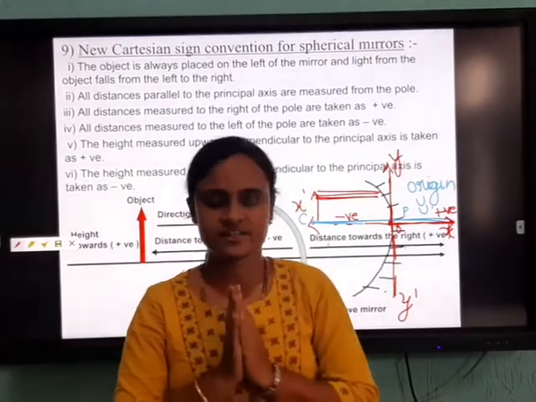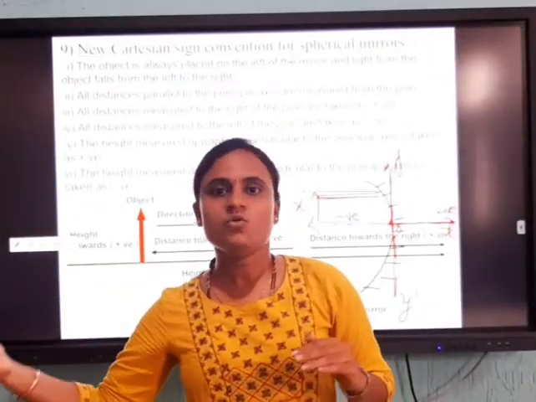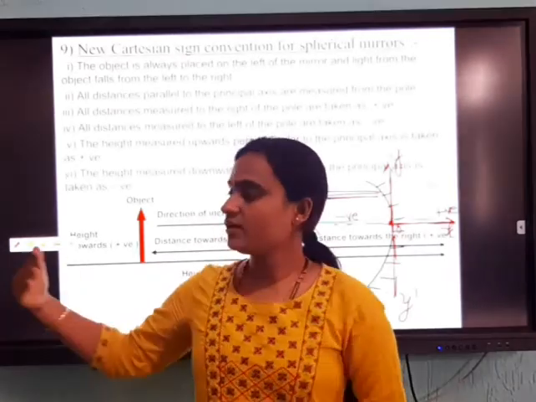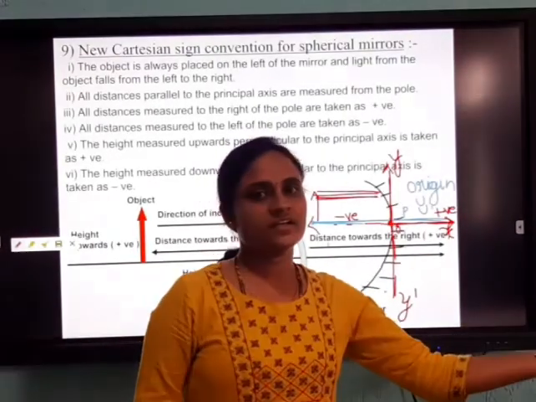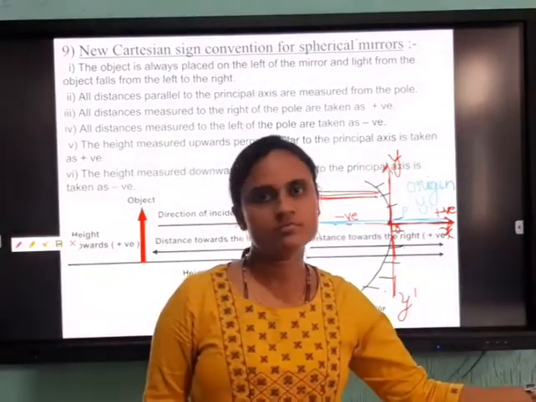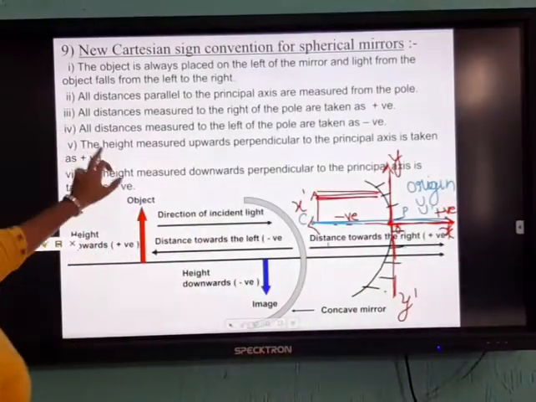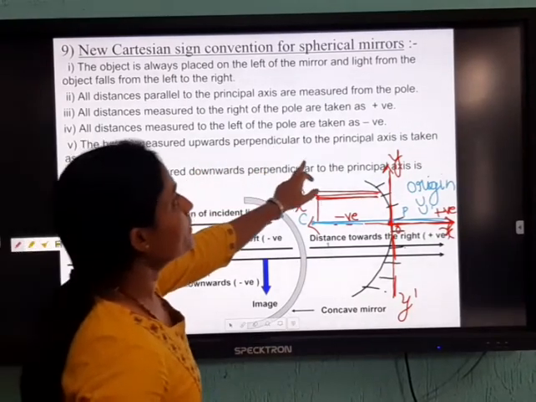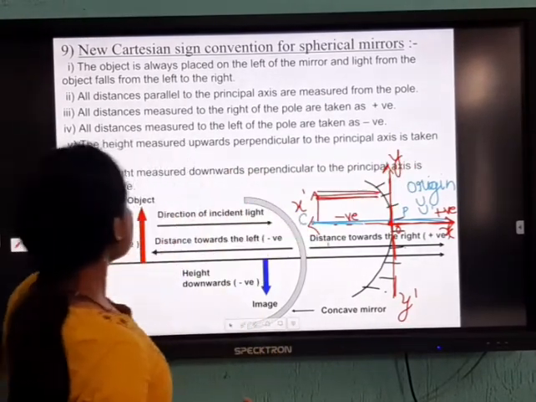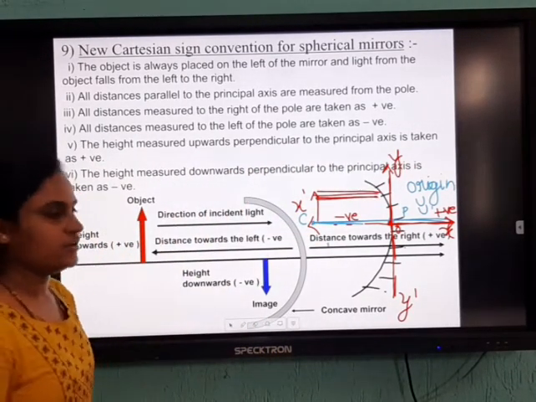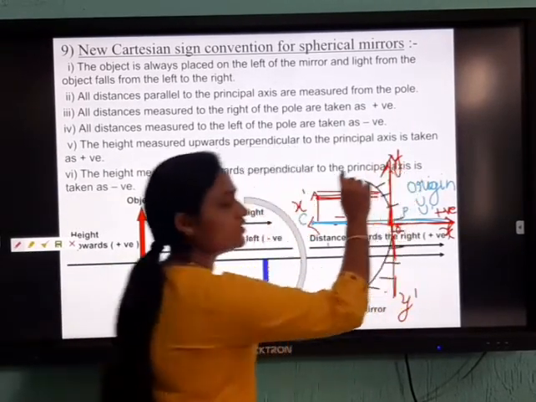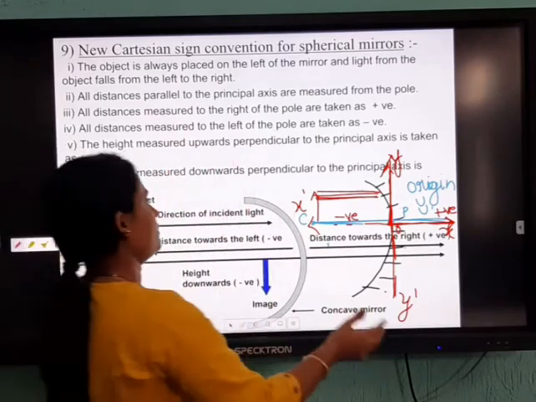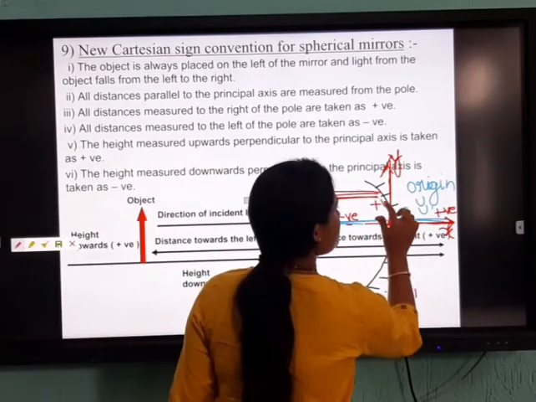Now you think that you are standing in the middle. Towards the right, whatever distance from here you take will be positive. From here to the left side, the distance taken will be negative. Clear? Next, the height measured upwards perpendicular to the principal axis is taken as positive height. Now this is the pole, I say. Whatever I take perpendicular in the upward direction is taken as positive.